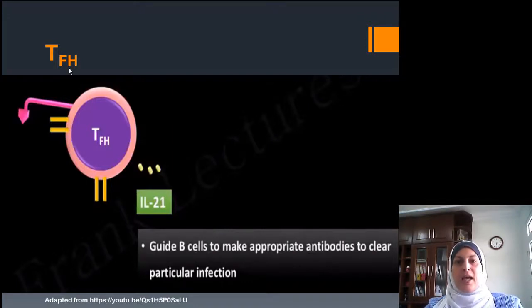So if there are certain types of antigens floating, it will help the B cell differentiate into the appropriate B cell of a required antibody to proliferate and to produce antibodies that can bind with these antigens and neutralize them.